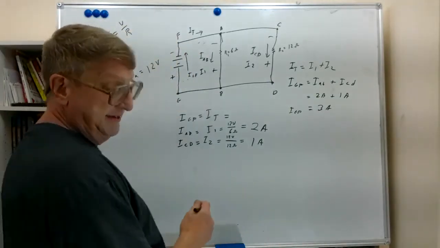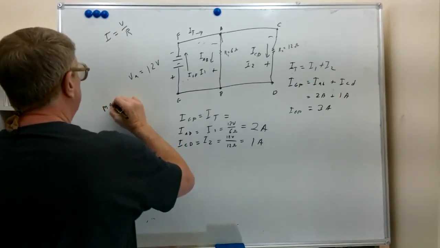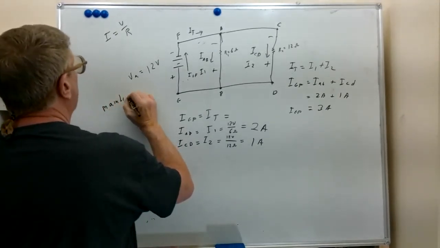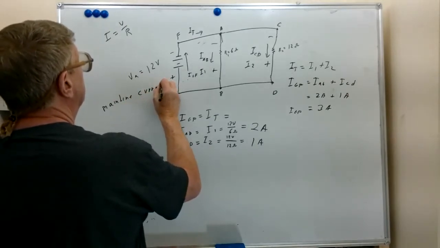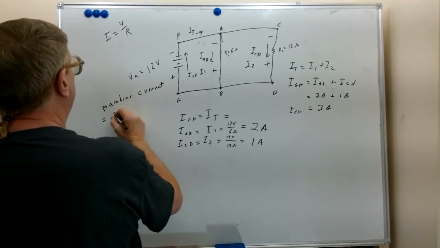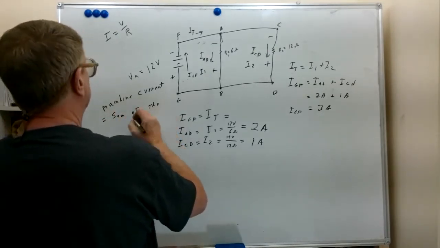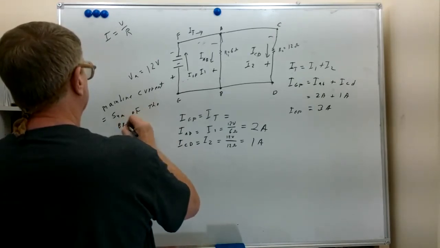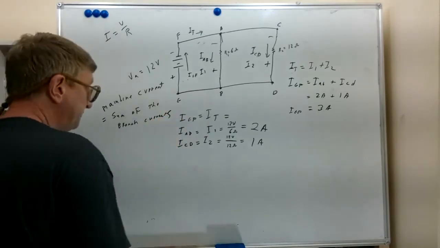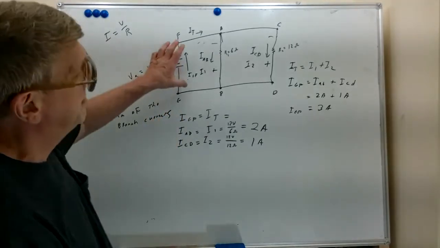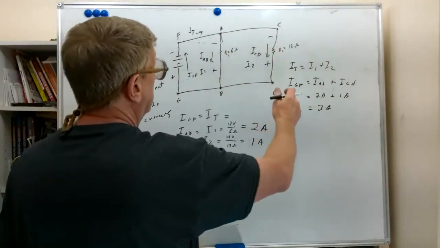So we can say that the main line current, or sometimes you might call it the feeder, is equal to the sum of the branch currents. So we calculate a main line current by adding up the branch currents that we calculated using Ohm's law.